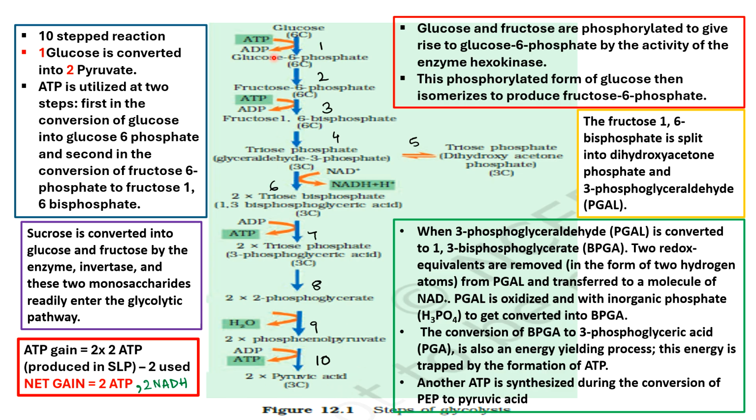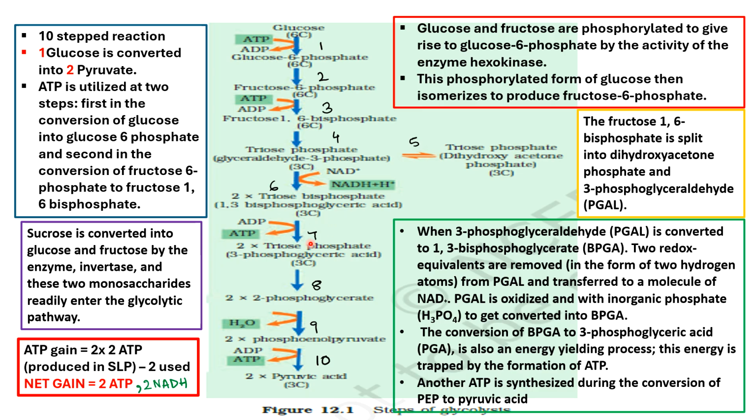Now we have some steps in glycolysis in which ATP is utilized, that is, energy is utilized. So it is step number 1 and step number 3 in which ATP is utilized. And there are some steps in glycolysis in which energy is released in the form of ATP.